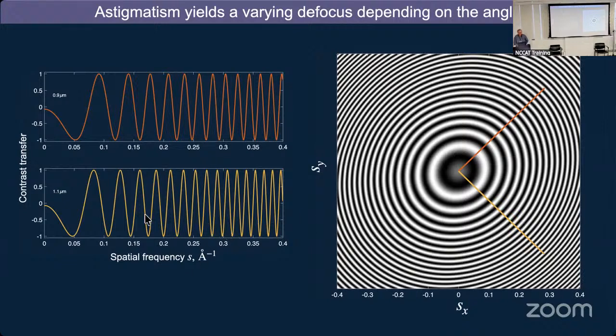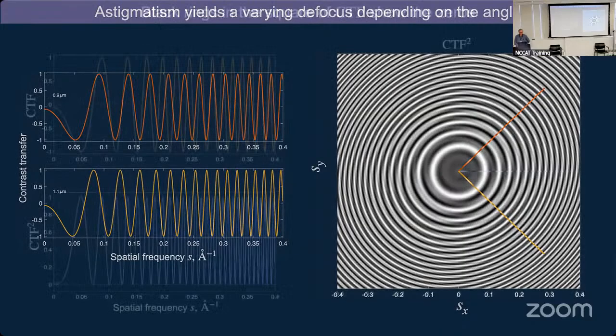And if you look in one direction, the contrast transfer looks like that, and in another direction, the contrast transfer looks like that. And so astigmatism is a big deal when it comes time to process the images. But if you get the estimate of the amount of astigmatism right, there's no problem.